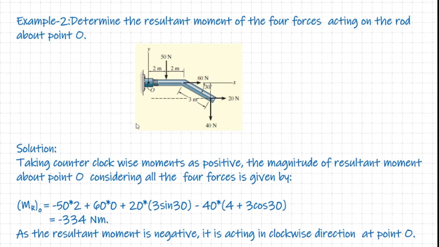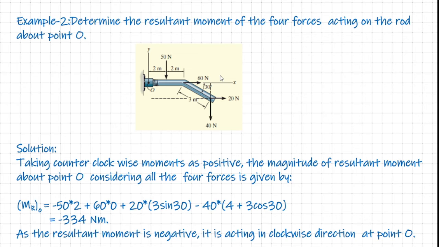So as usual, let us take the counterclockwise moments as positive, and accordingly the resultant moment at the point O is, let us go force by force, 50. What's the moment produced by 50 Newton about the point O? It is 50 into 2, and remember that it produces a clockwise moment, so it should be negative, so minus 50 into 2. Now regarding 60 Newton, it passes through the point O, meaning that the lever arm or the moment arm for the 60 Newton will be 0.